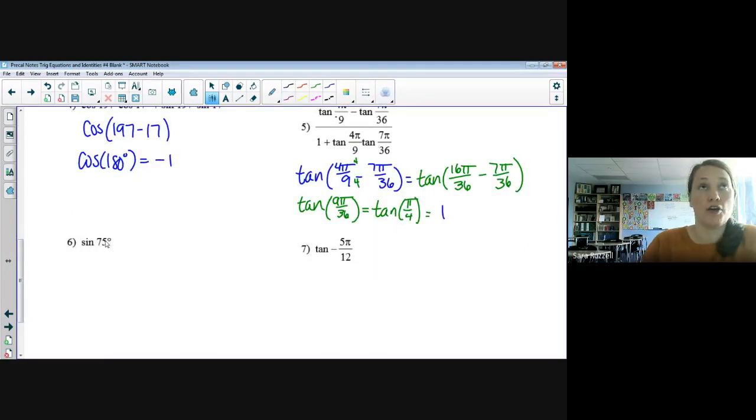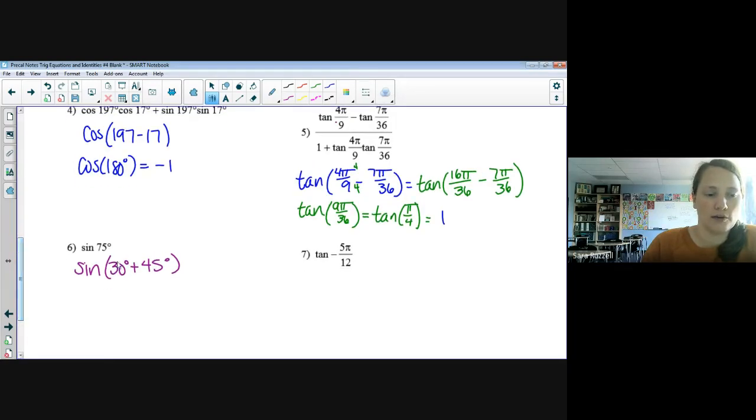So we decided to do 30 and 45, right? So we're going to look for sine of 30 degrees plus 45 degrees. And remember, we can't just do sine of 30 plus sine of 45. If you have a sum or a difference, we have to use one of our formulas from up above. So we're going to use the sine plus formula. The first variable is the 30 degrees, the second one is the 45.